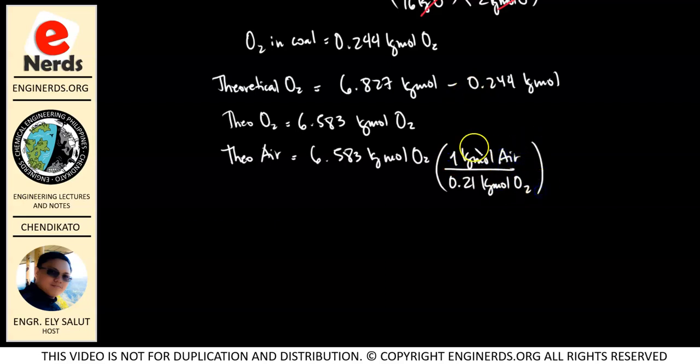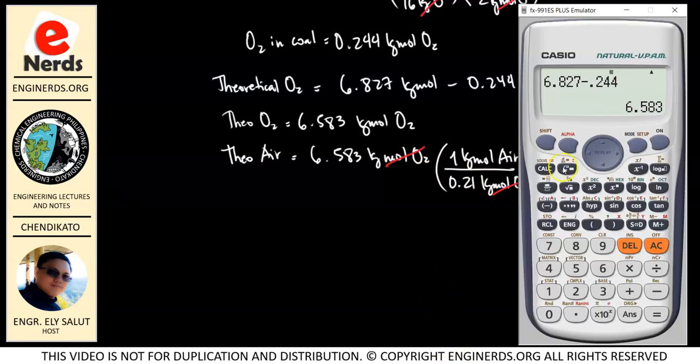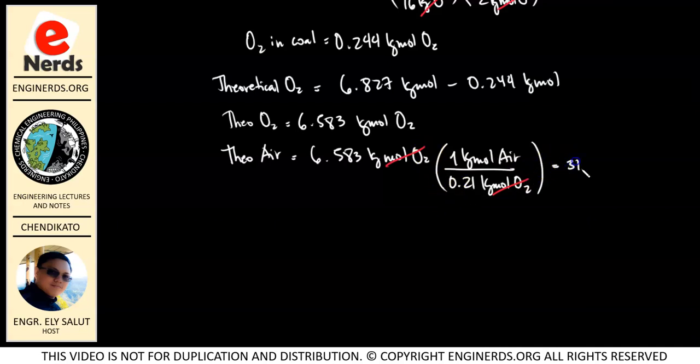So, yan yung ratio ng ating oxygen sa air, okay? Because we know that our air is composed of 21% oxygen. So, this will be cancelled out. So, ang magiging sagot natin dito will be 6.583 divided by 0.21. So, we have 31.35 kilogram mole of air.